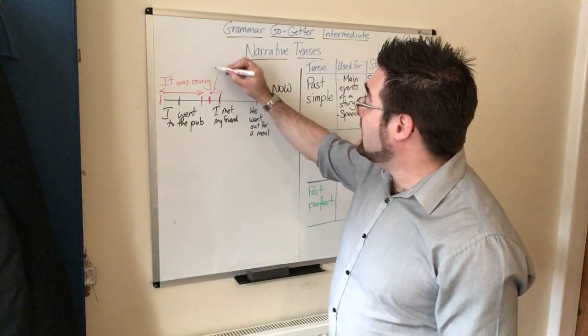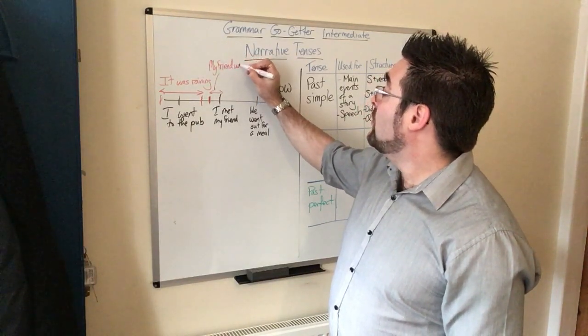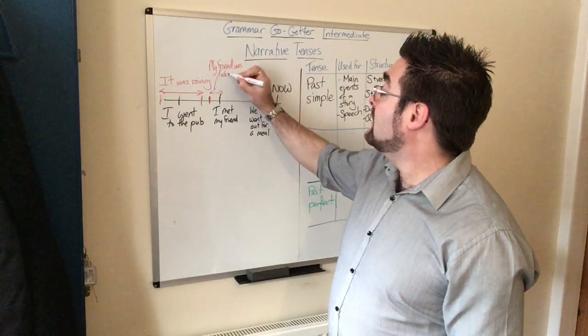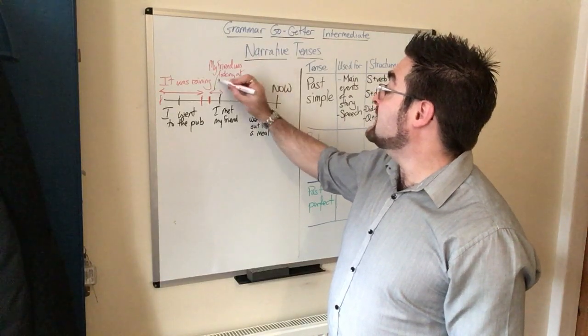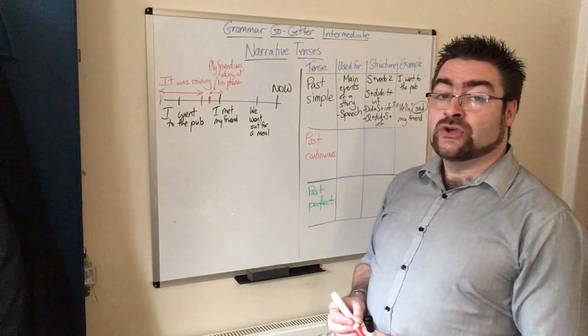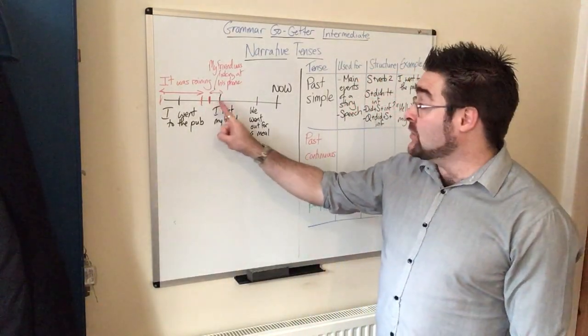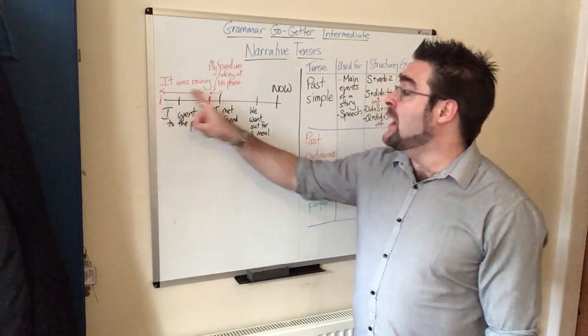So I can say here, my friend was looking at his phone. So either the past continuous can start before and go up to, or start before and go past.